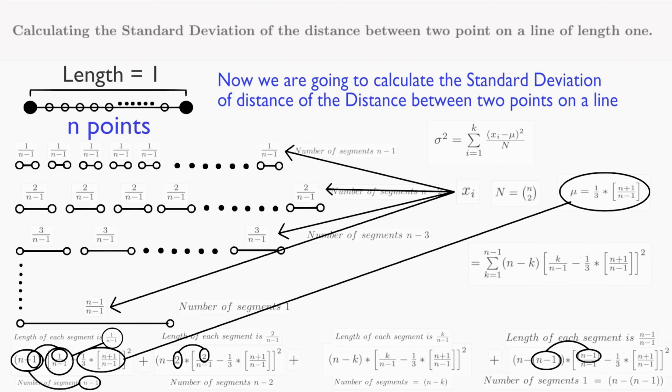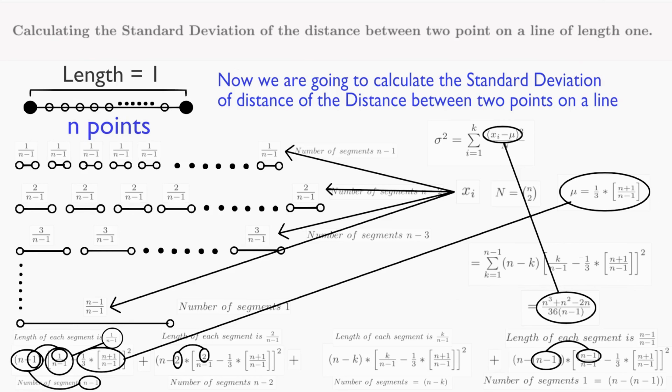Mathematica spat out that the answer to this sum was n cubed plus n squared minus 2n divided by 36 times n minus 1. So that is really nice. We've figured out the first half of our standard deviation problem. This is only the sum of the x_i minus mu squareds.